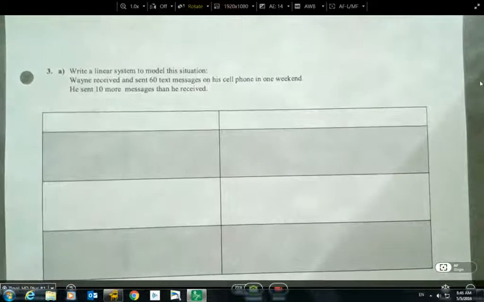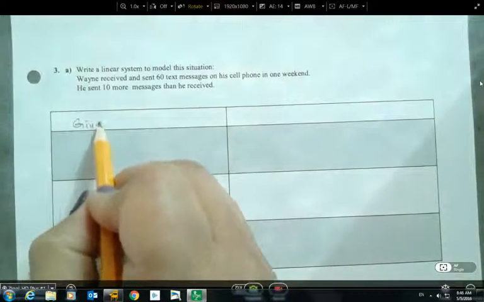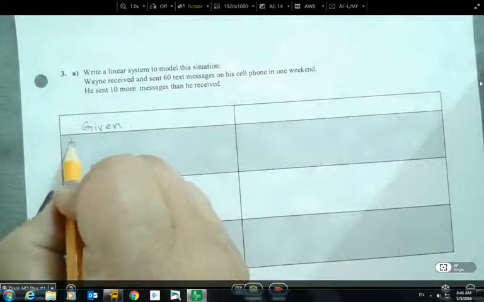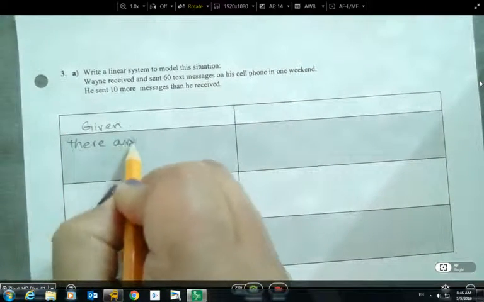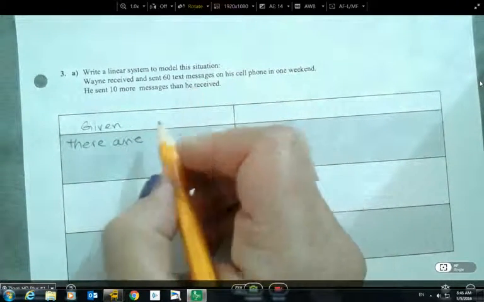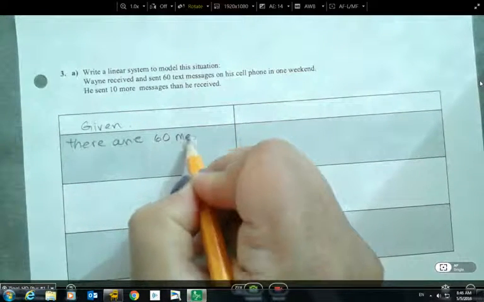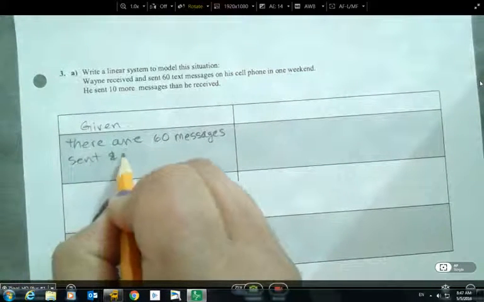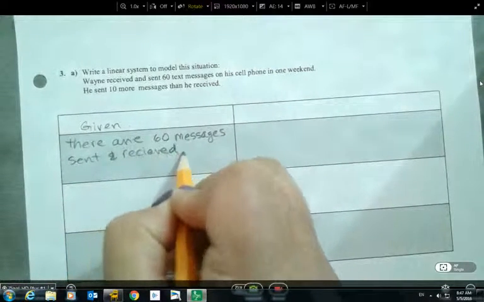Okay, so we need to figure out how many he actually sent, how many he actually received. So what do we know so far? What are the givens? Okay, so we know that there are 60 messages sent and received.